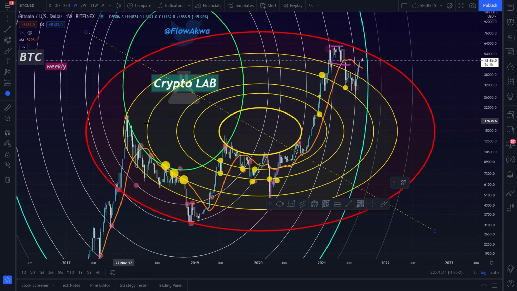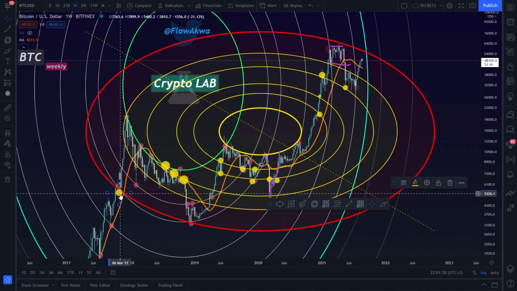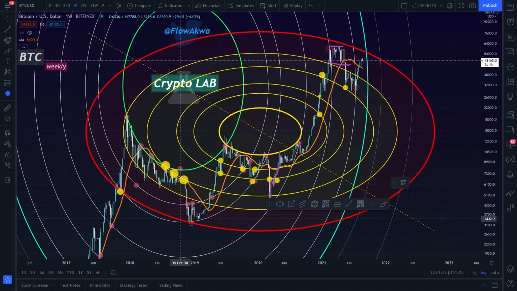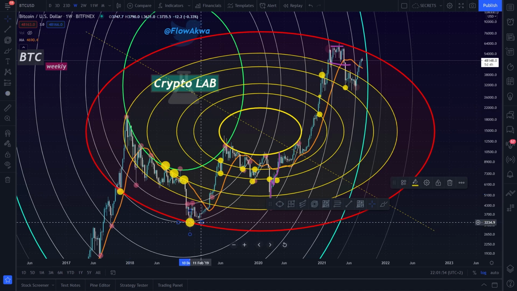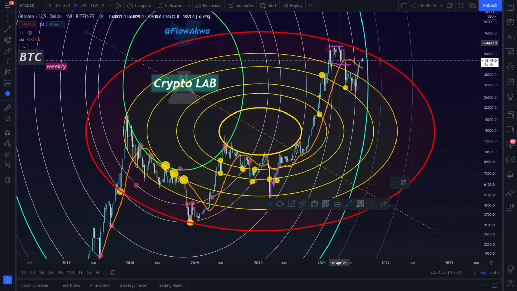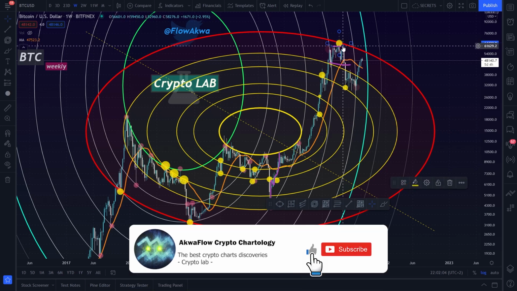And what about this one? You see we have one pivot point just right here, and then one pivot point just right here. And here, what do we have? The current all-time high of Bitcoin. Isn't it amazing, guys?